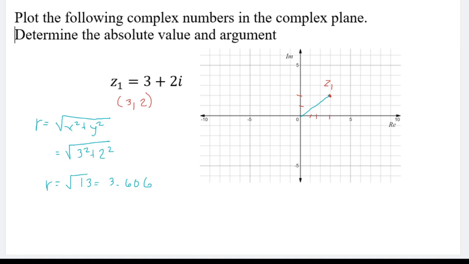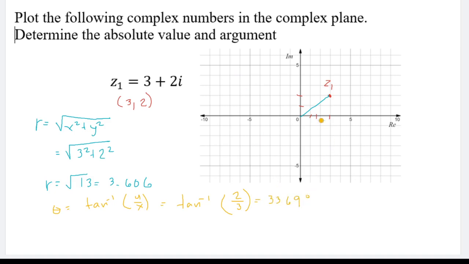So if we check the distance from the origin to our point z1, that is equivalent to 3.606. Then for the angle, as we derived the formula from our first slide, that's arctan of y over x. Our y is 2, our x is 3, and that is equivalent to 33.69 degrees.